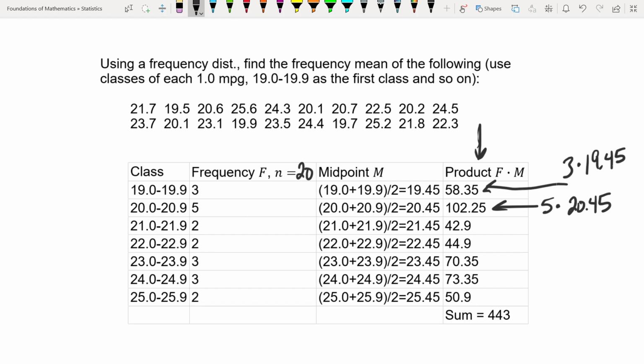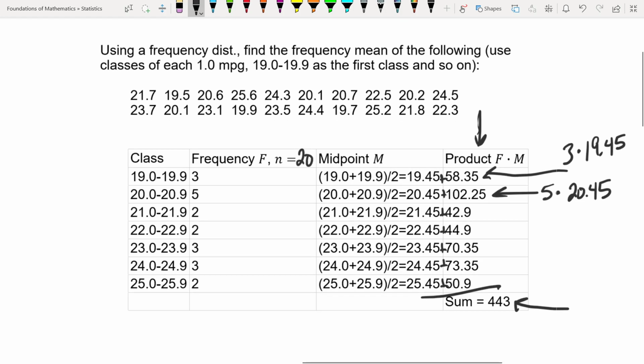And that gives us 102.25. And so on and so forth for the rest of them. This sum here, that's kind of the main point we're trying to get to. And this sum is just all the products added together. So you just go straight down, add all these up, and that gives us the sum here.